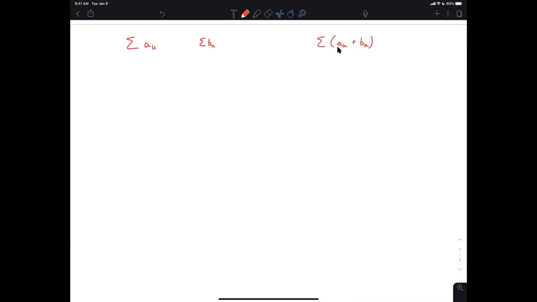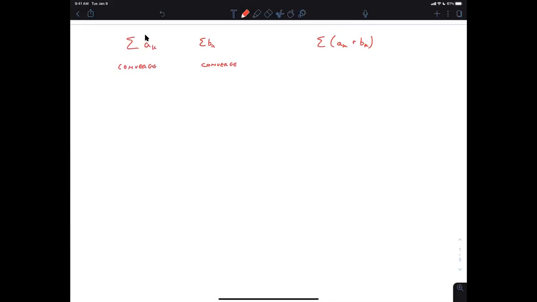So let's think about what happens if these both converge. A_k and B_k are two separate series. They both converge, maybe not to the same thing. But if they both converge, that means when I add all the A's, I approach some finite number.